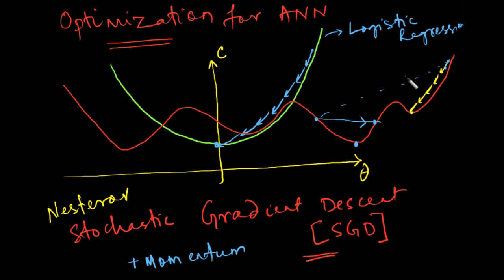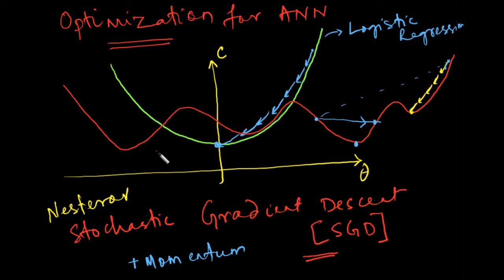But what I would like you to understand is the basic idea and the different variations which are possible. These are some of the, I would say, more classical ways of doing gradient descent. Nowadays, there are many other methods called AdaGrad, Adam, and several other adaptive gradient descent methods where you don't just add a momentum term, but even keep changing the learning rate as you explore your cost function landscape.